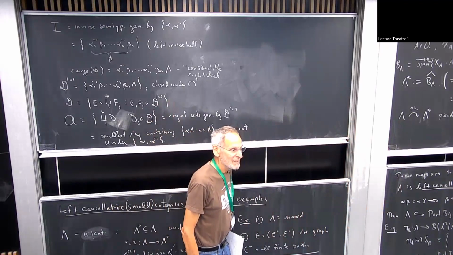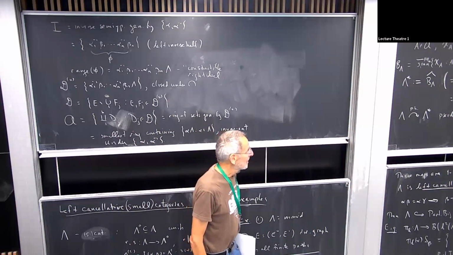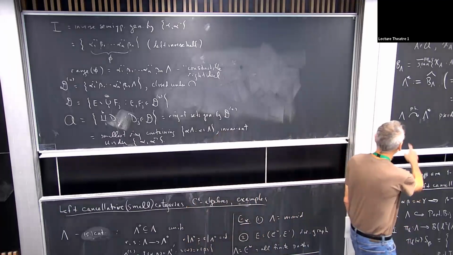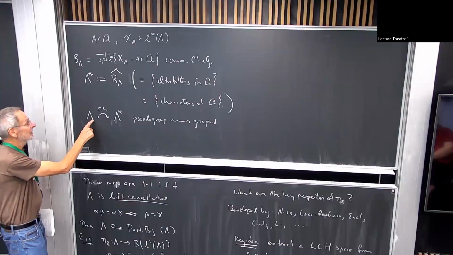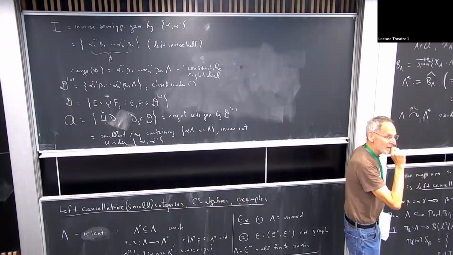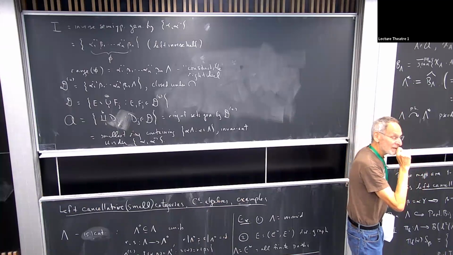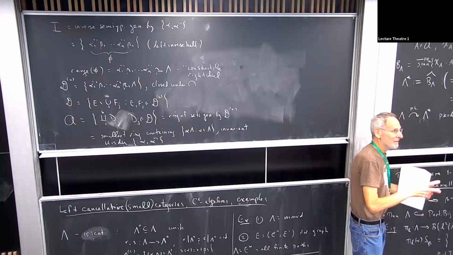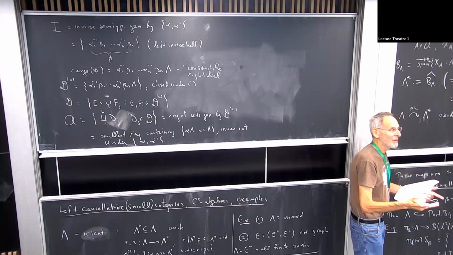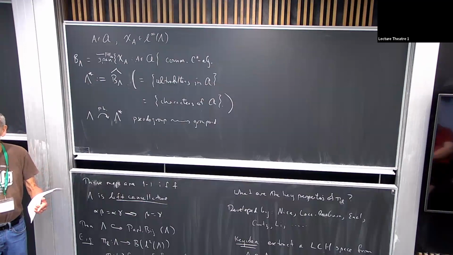Another question: lambda is not a monoid, right? It's only a partial monoid. It's a small category, so it's not a monoid. When you say pseudo group, normally a pseudo group involves a monoid rather than a category. Oh, I think of a pseudo group as a collection of partial bijections of a set that's closed under composition, where you reduce domains as necessary.